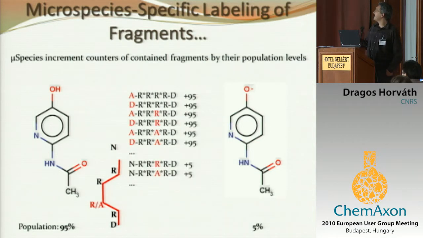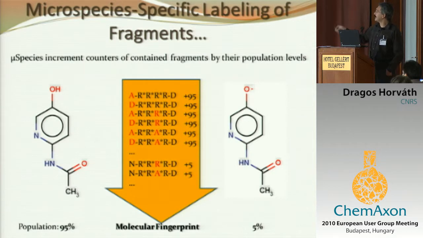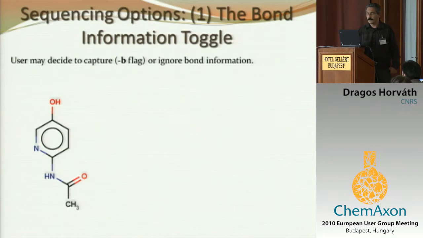And the other microspecies, which has here an anion, a negative, will come with its own contributions, but those will count only plus 5 because of the lower population level. And the sum of all these terms will then be the molecular fingerprint.